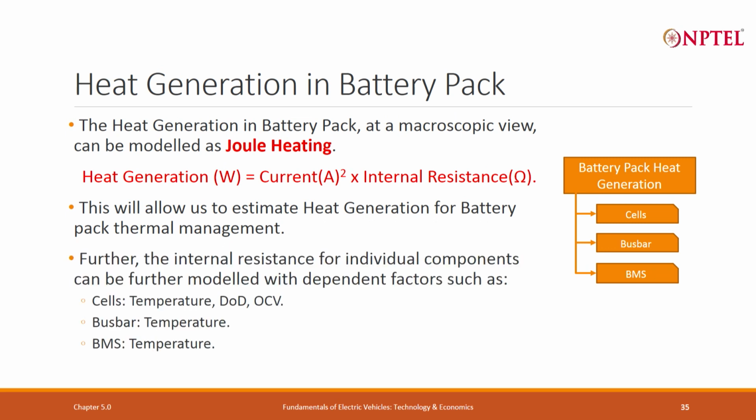Now, this heat generation rate can be impacted by several things like DOD, temperature of bus bar, temperature of cells, because the internal resistance is also a function of temperature, DOD as well as OCV.